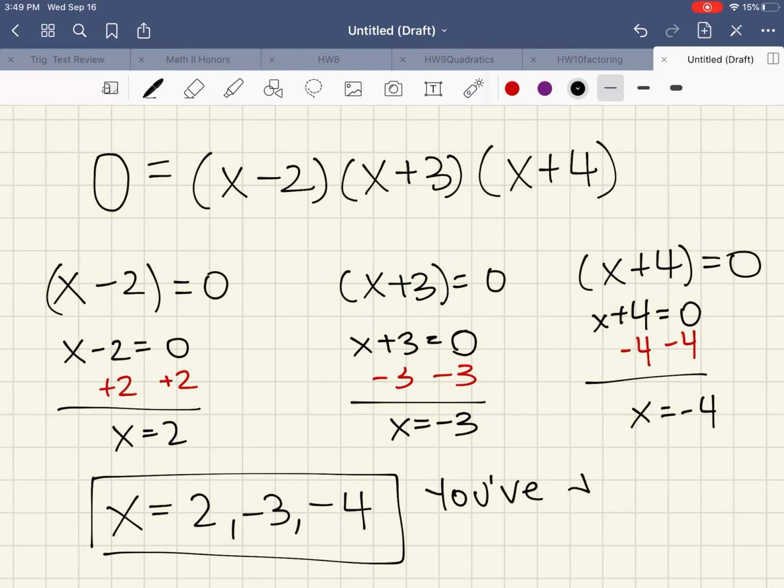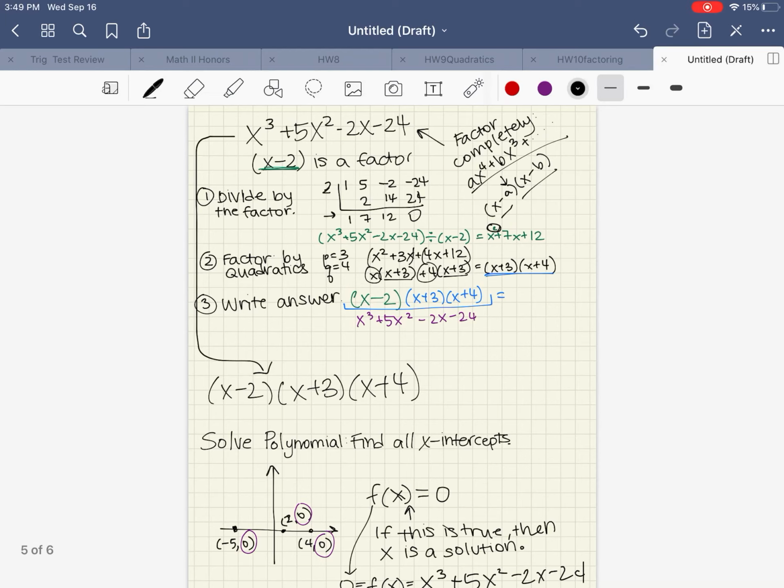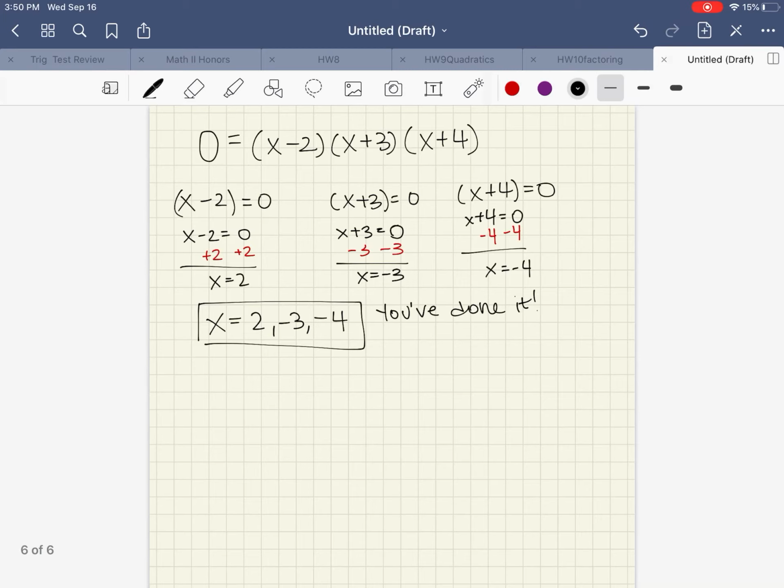You've solved a polynomial. That's really all this is. Once you do these steps, divide by the factor that you've been given, and once you get down to a quadratic, you use the quadratic factoring, and then you write your answer. Then the fourth step would be to solve for when the factor is equal to 0.